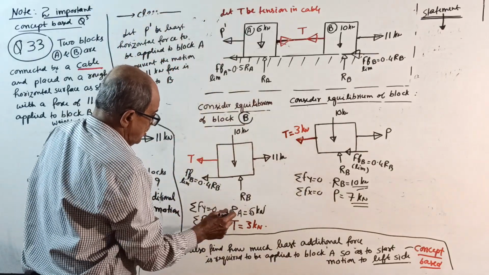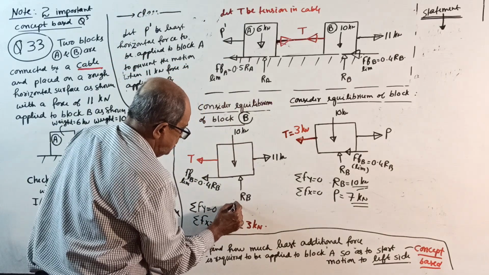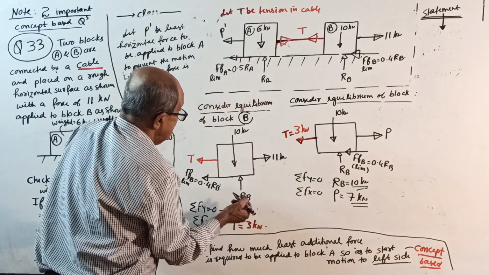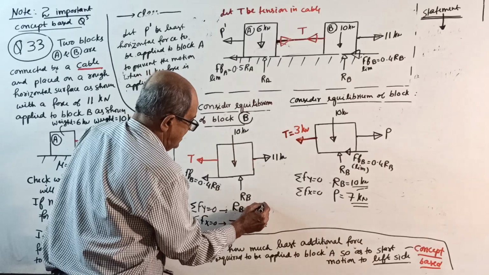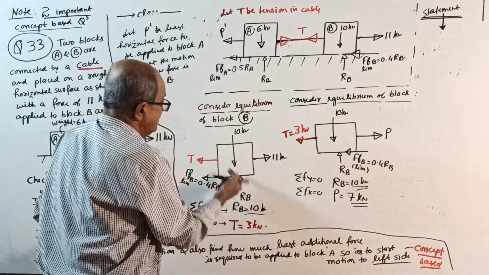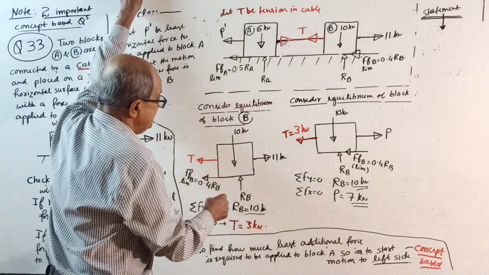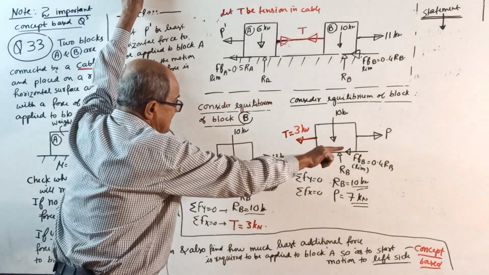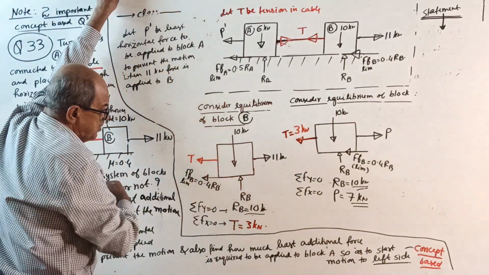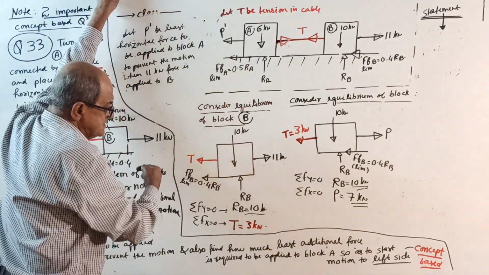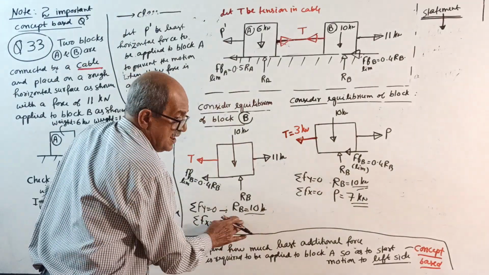Sigma Fy equal to 0 will give RB equal to 10 kilonewton. Why? So simple. RB minus 10 equal to 0. Sigma Fx equal to 0 will give you plus 11 minus 0.4 RB minus T equal to 0. Your T will come.